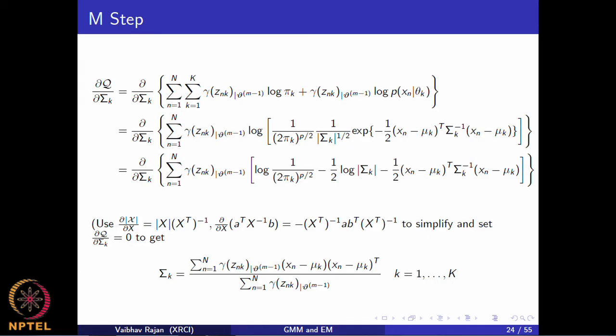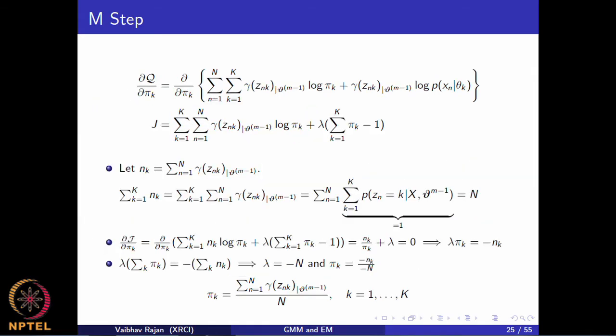And similarly for the M step for pi k, this time this term goes away, you use Lagrange multipliers to add this term and differentiate this function to again get the result.